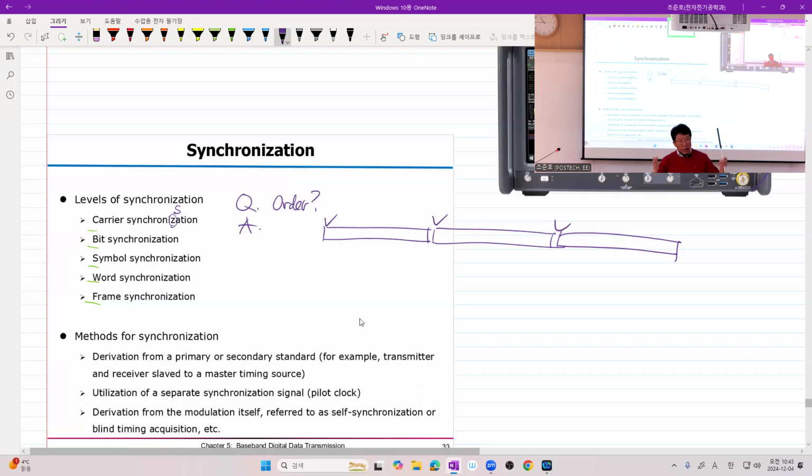Sometimes we find frame synchronization or symbol synchronization first, and then proceed to synchronize the carrier phase, or even sometimes after that we remove the carrier frequency offset, something like that.